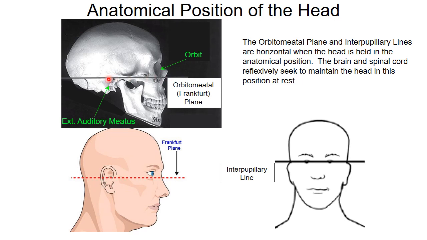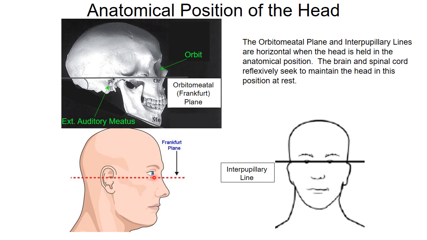And that plane right there is referred to as the orbital meatal plane for the orbit and the meatus, or the Frankfurt plane. Now, in the anatomical position, normally when we're standing at rest looking forward, this orbital meatal plane lies exactly in the horizontal. So that's normally how we hold our head in position here.